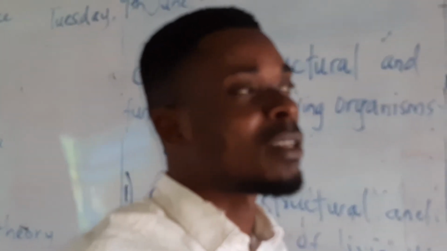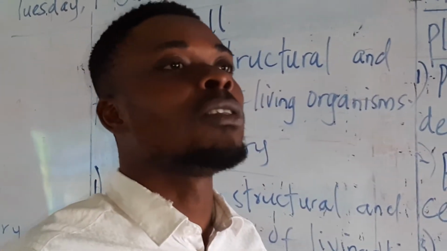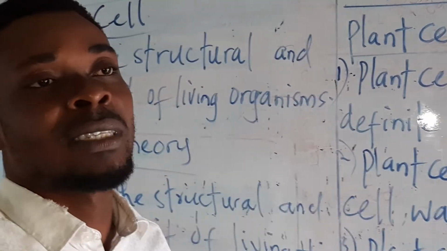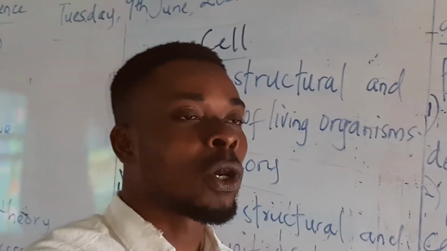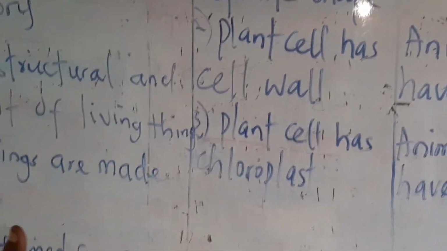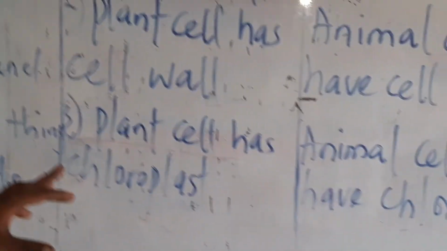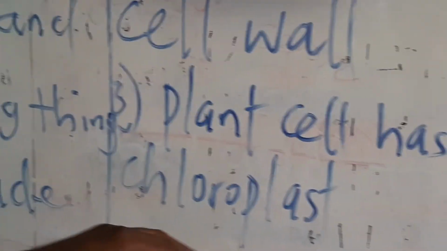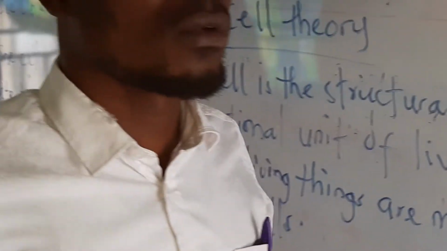The chloroplast contains a green pigment called chlorophyll. So plants have chloroplast, but animals, we don't manufacture our food ourselves. We are not autotroph. So animal cells don't have chloroplast.